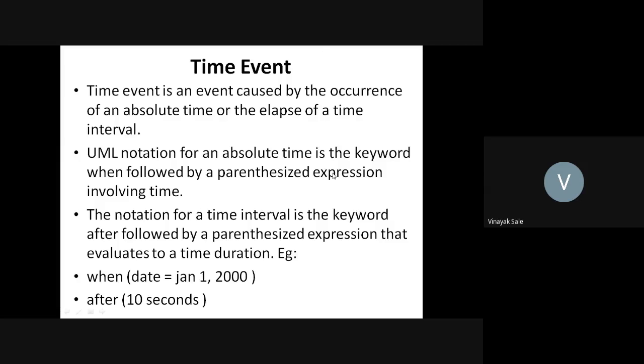Then the third is a time event. A time event is an event caused by the occurrence of an absolute time or the elapse of a time interval. The UML notation for absolute time is the keyword when followed by a parenthesized expression involving time.